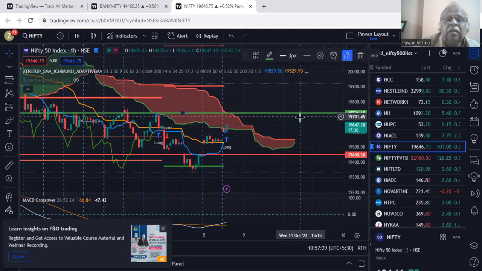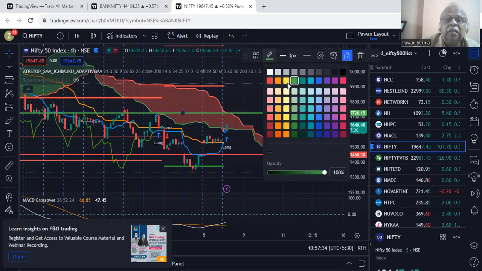This is the target, no? The target should be specified as the yellow line or the blue line.